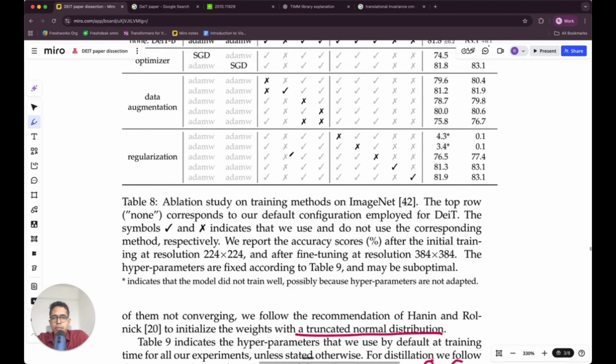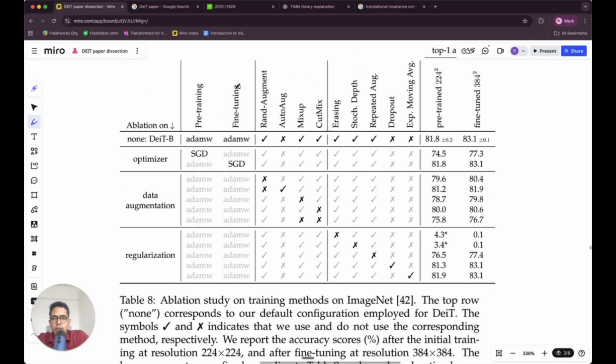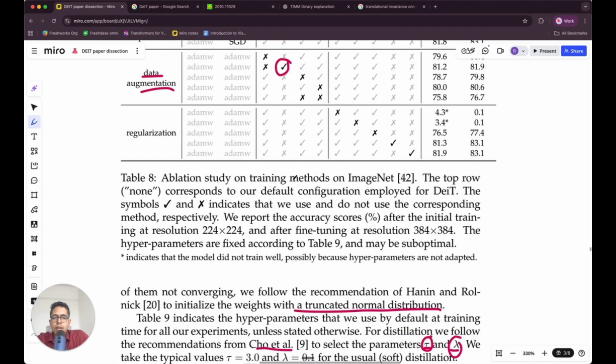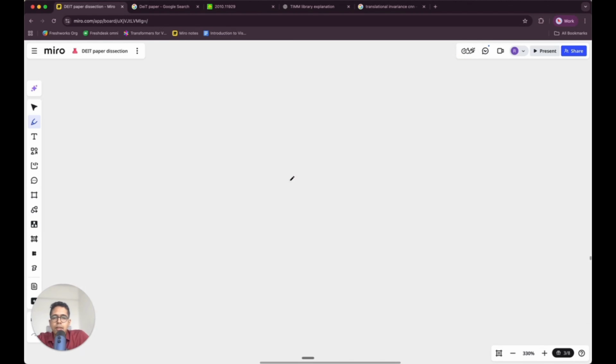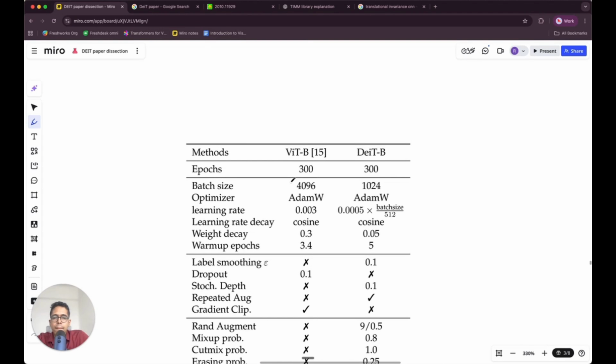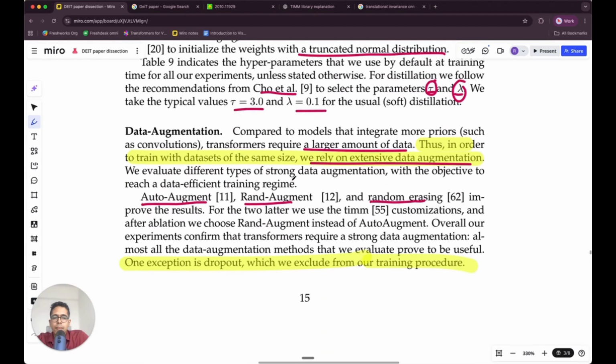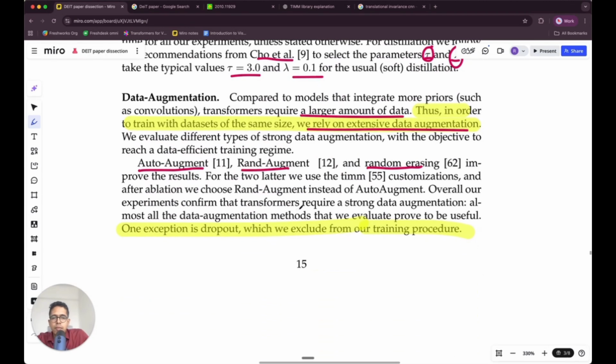So for RandAugment, there should be a tick somewhere here. Yeah, they have a tick against RandAugment for data augmentation. Overall, our experiments confirm that transformers require strong data augmentation.